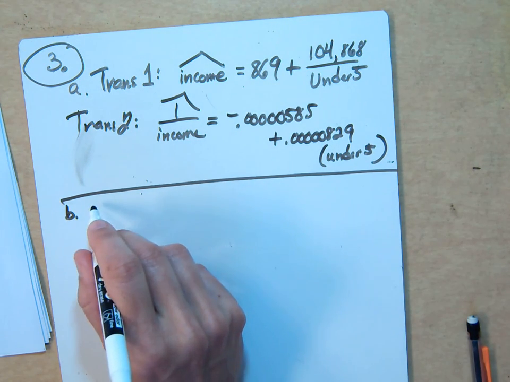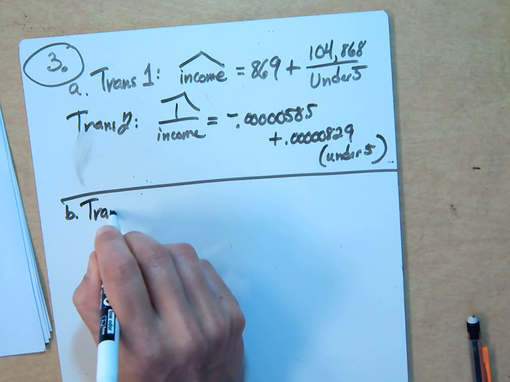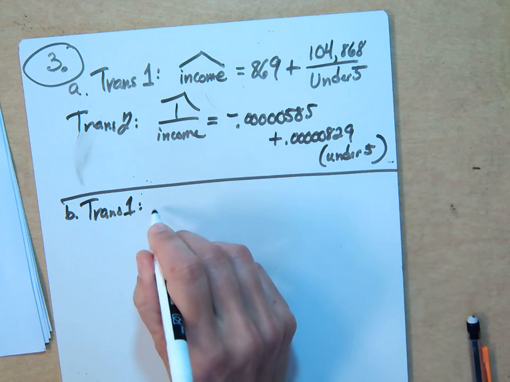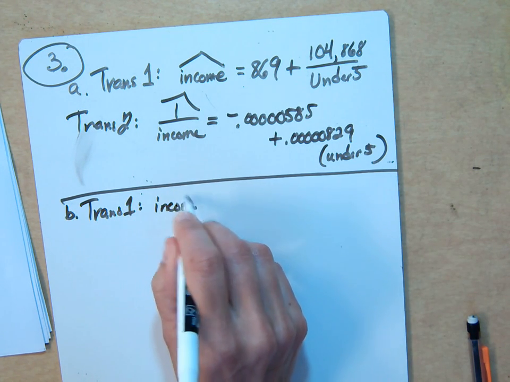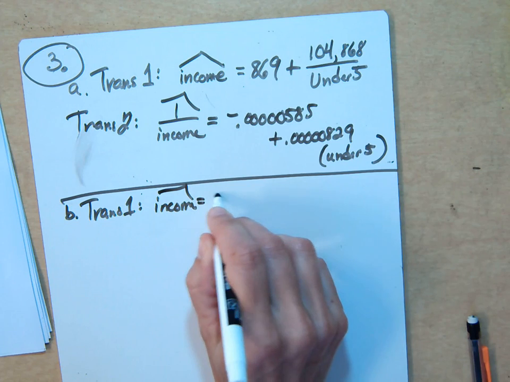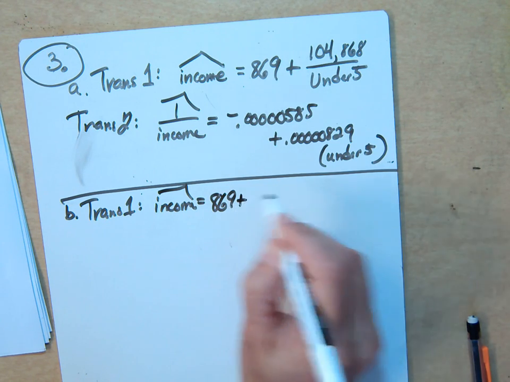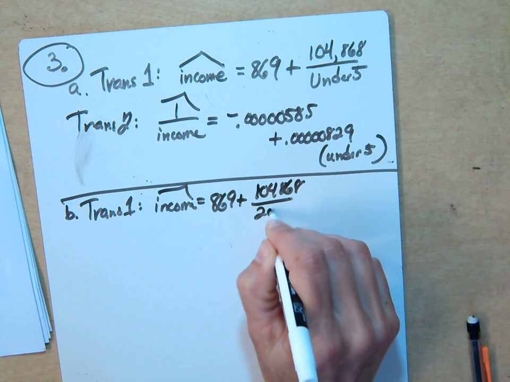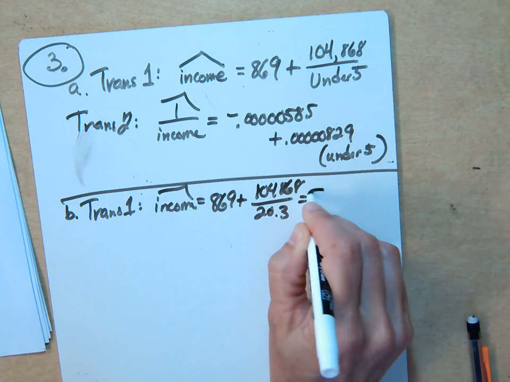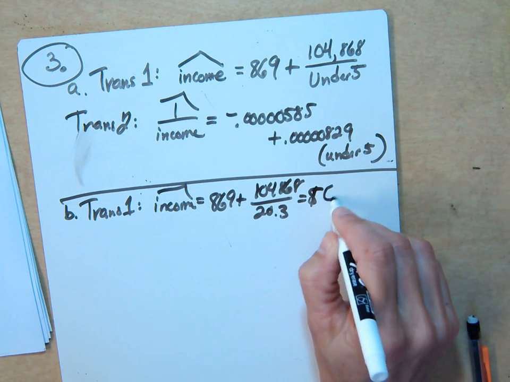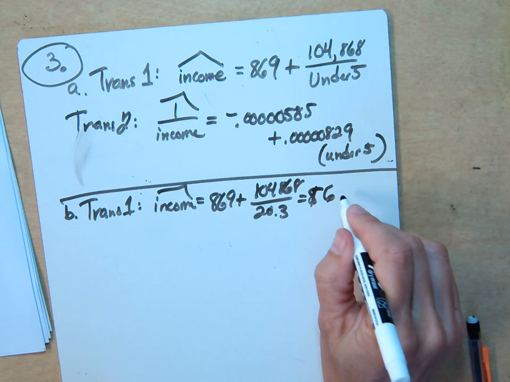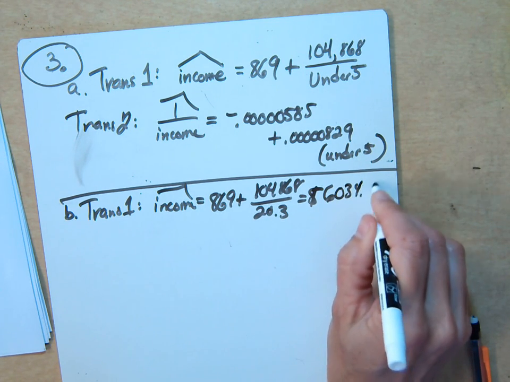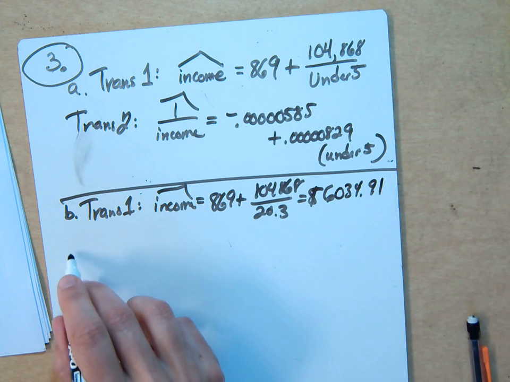And then we use each of those models to find the income per person for Turkey. If we use the first transformation, we would get income equals 869 plus 104,868 over 20.3, which should give you 6,034.91 if you use your calculator.